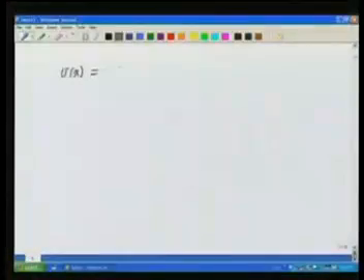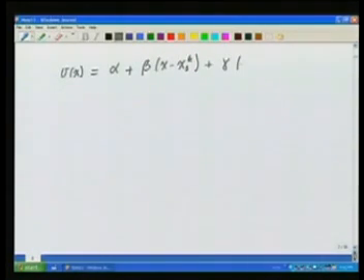So, if I go ahead and take v of x, as I had told you earlier, is equal to some alpha plus beta into x minus x1 of k plus gamma into x minus x1 of k whole squared plus delta into x minus x1 of k whole cubed.